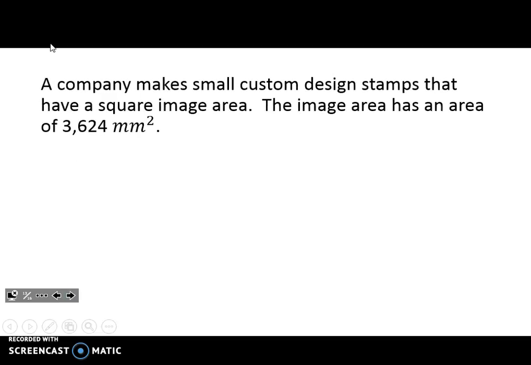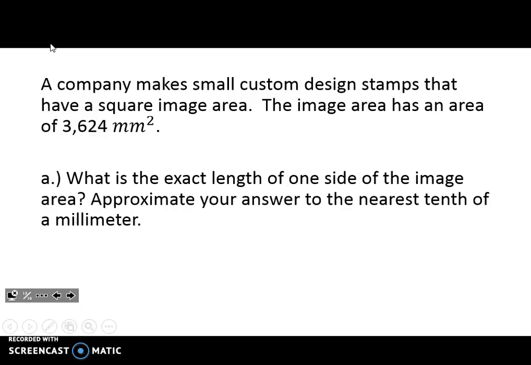Okay, so a company makes small custom design stamps that have a square image area. The image area has an area of 3,624 millimeters squared. They want us to tell them what is the exact length of one side of the image, and we need to approximate your answer to the nearest tenth of a millimeter.